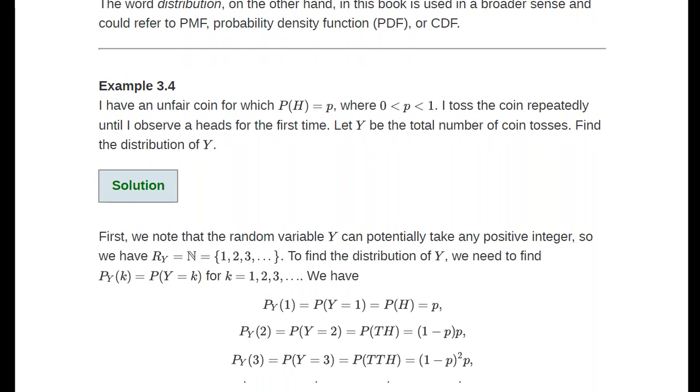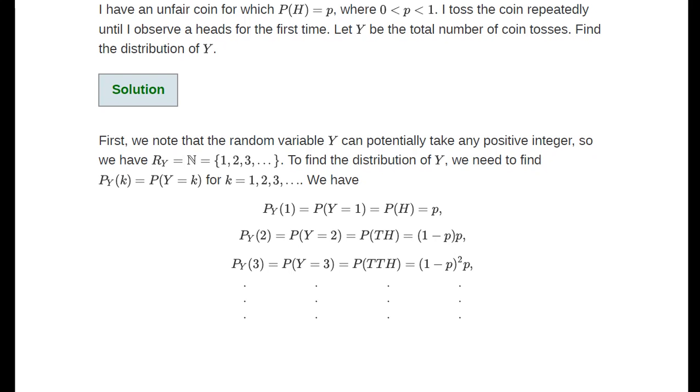Find the distribution of Y. First, we know that the random variable Y can potentially take any positive integer, so the range of Y is 1, 2, 3, and so on. To find the distribution of Y, we need to find P_Y(k) equals P(Y equals k) for k equal 1, 2, 3, and so on.